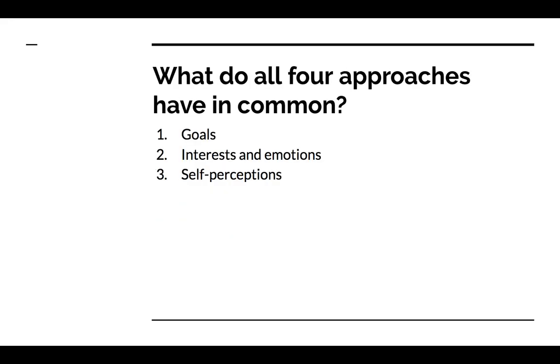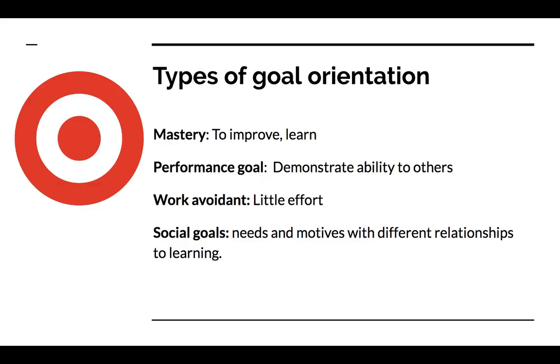Okay, so when we looked at those, we were really looking at how these four approaches have goals, interests, emotions, and self-perceptions in common. It's important for us to think about how all of these things interact when we're motivating our students.